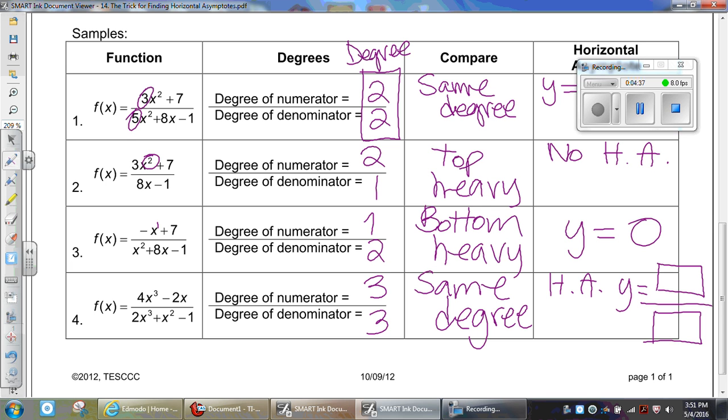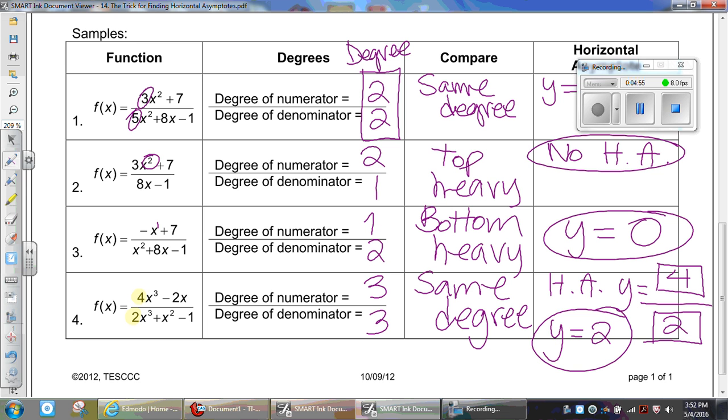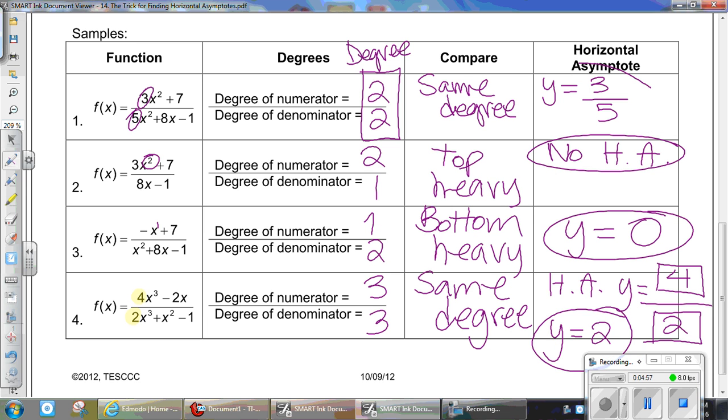And so the leading coefficients here, we have a 4 and a 2. So if we divide 4 divided by 2, what does that give me? 2. So the horizontal asymptote is 2. This is y equals 0. Here we don't have one. And here is 3/5. And that is the end of this video.